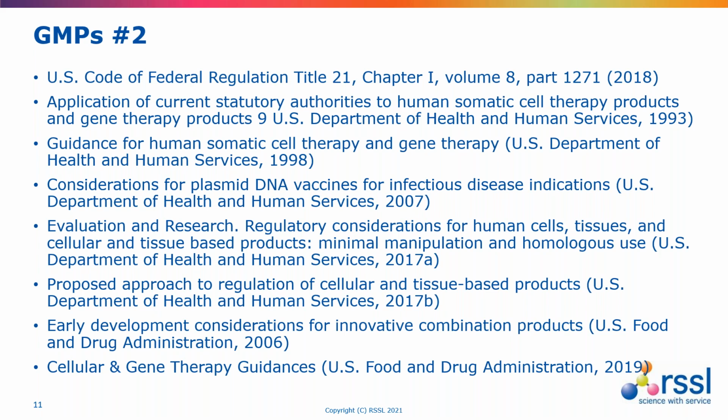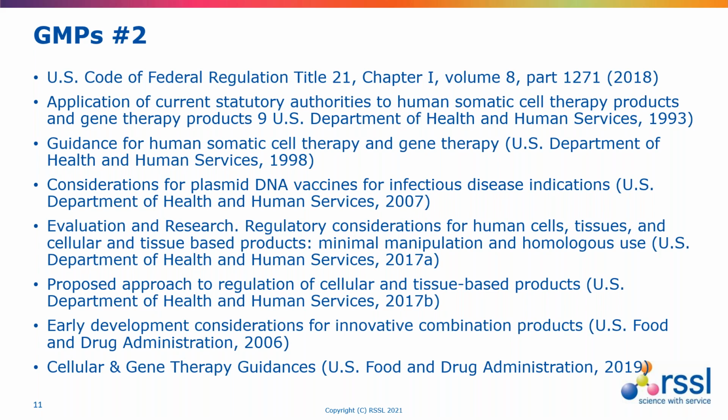And as we know from previous webinars, the FDA guidelines tend to emerge more quickly and more commonly, or more wide-ranging than they do in Europe. We also need to take note of ICH Q5D, which is about the derivation and characterization of cell substrates used for production of biotechnological or biological products.